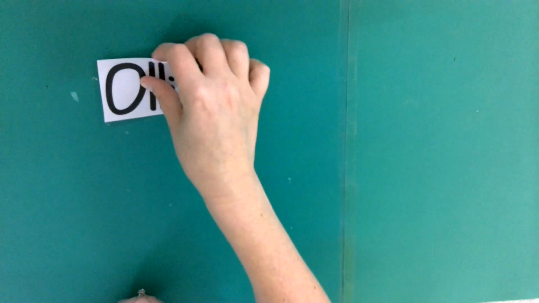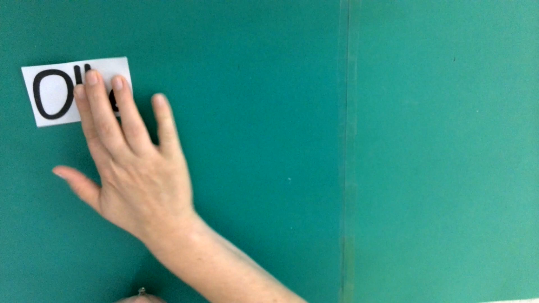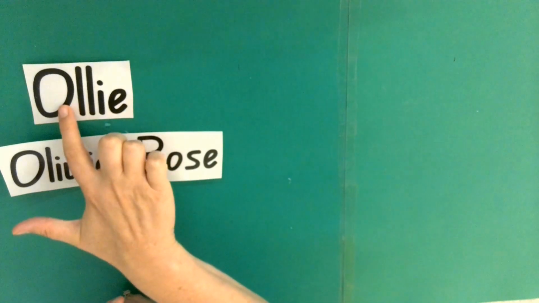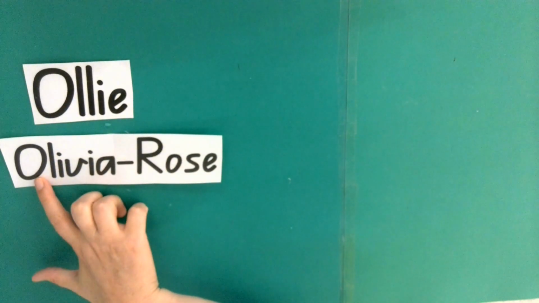I'm now going to show you some names of people from Prep AH, and I want you to see if you can recognise and identify the uppercase letter at the start of their names. So first we've got Ollie and Olivia Rose. What uppercase letter can you see at the start of their names?